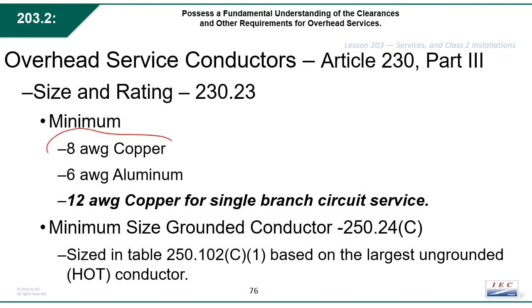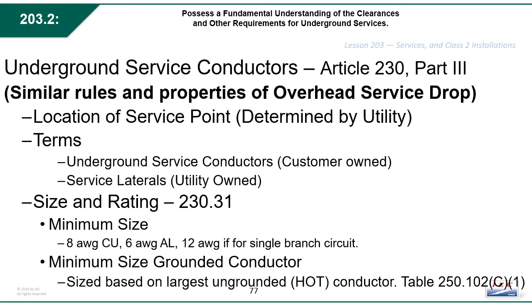So 8 gauge copper if it's overhead, 6 gauge aluminum if it's overhead. Same with underground. If it's underground, 8 gauge copper, 6 gauge aluminum, 12 gauge if it's just a single branch circuit. These are found in 230.31.